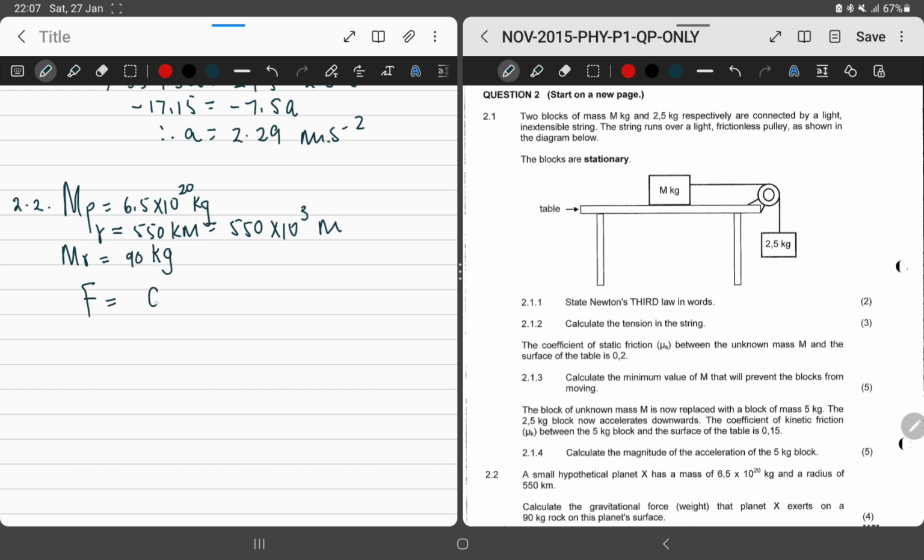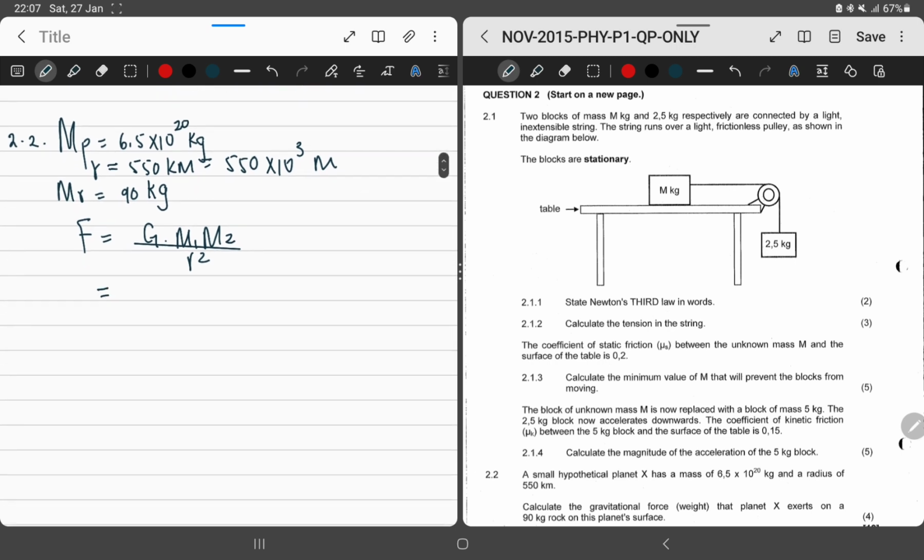Force is equal to G multiplied by the product of the masses over r squared.